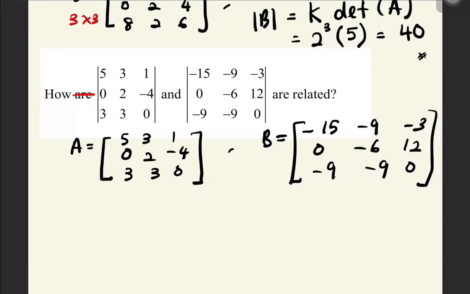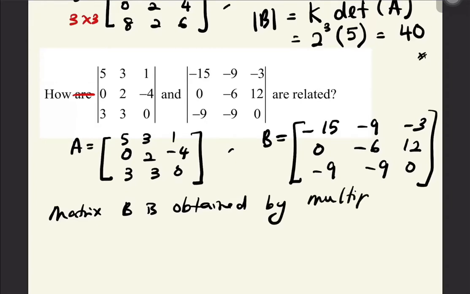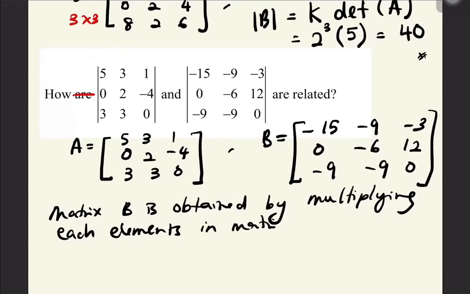So we can say that matrix B is obtained by multiplying each element in matrix A by scalar K, where in this case your K is equal to negative 3.